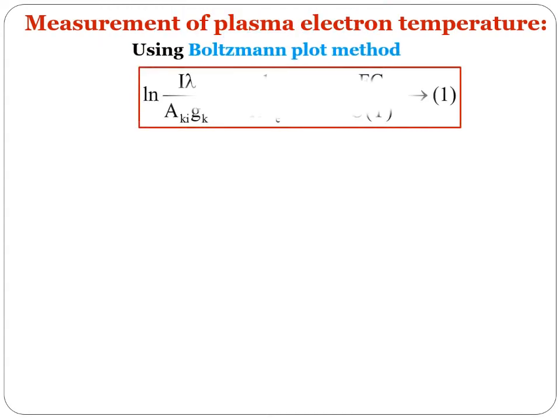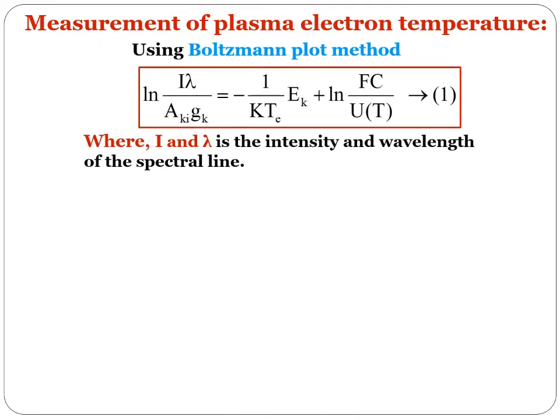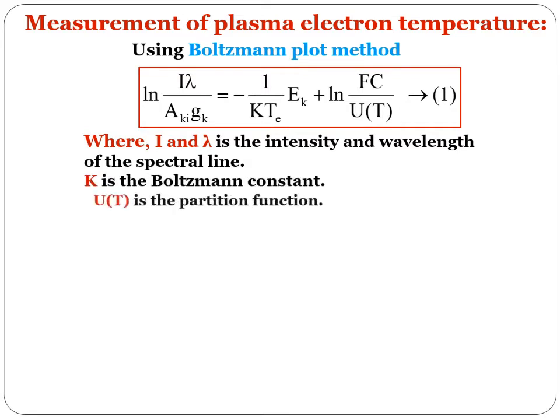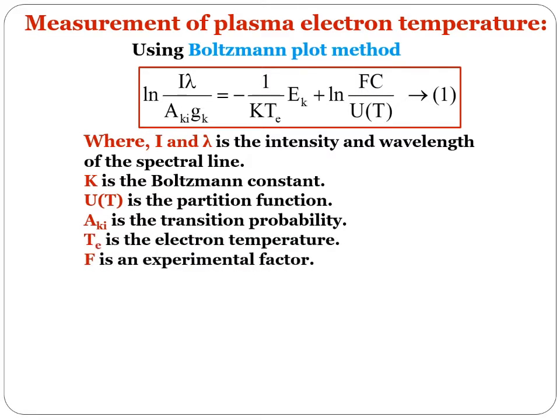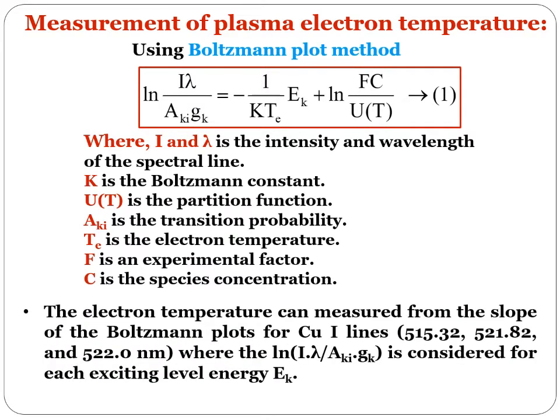Now for the determination of electron temperature, we have used the Boltzmann method, in which we consider the emission intensity and the electron temperature, related to the excitation energy of each level. These are the parameters used in this relationship, which we have considered in our calculations.